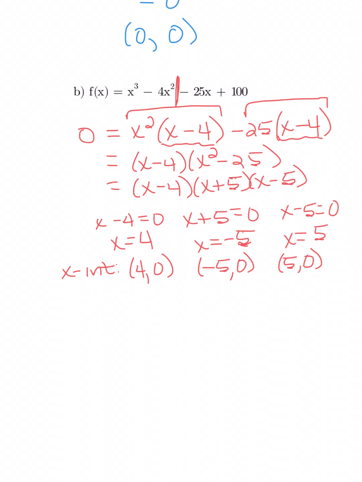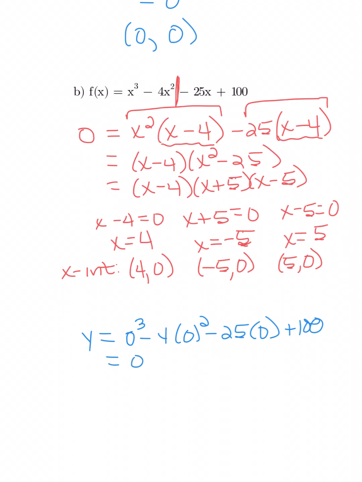For the y-intercepts, we put 0 in for x. So we'll have y equals 0 to the third minus 4 times 0 squared minus 25 times 0 plus 100.